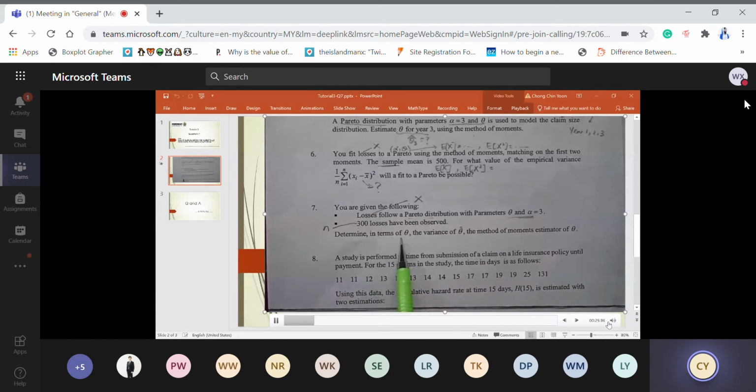Determine, in terms of theta, the variance of the estimate of theta by the method of moments estimator of theta. So by using the method of moments, we try to find the variance of this estimate of theta in terms of theta.